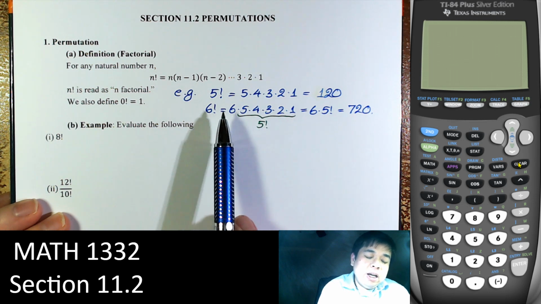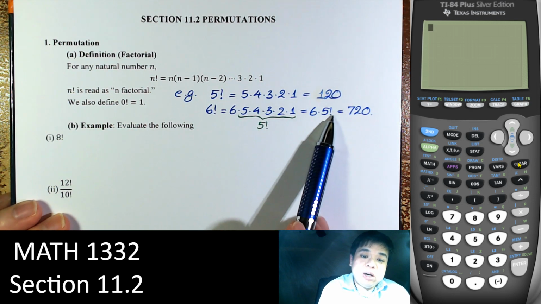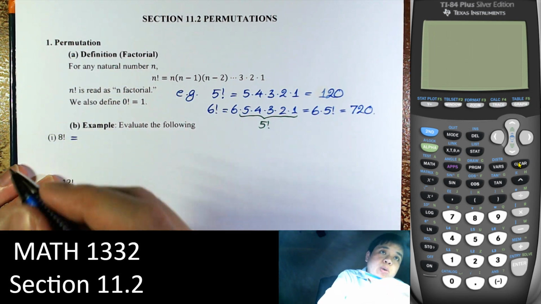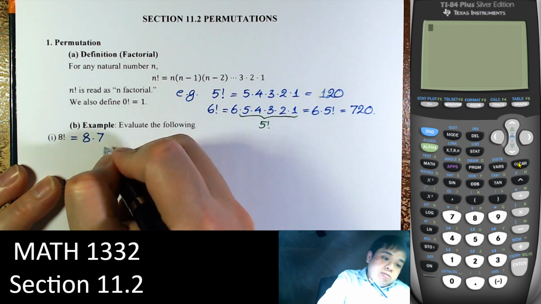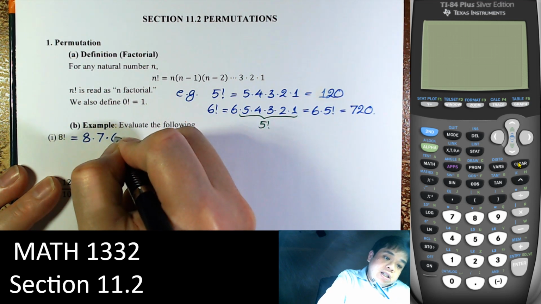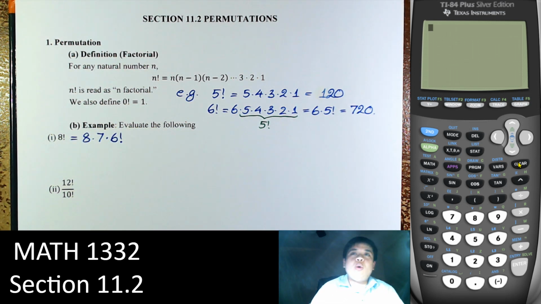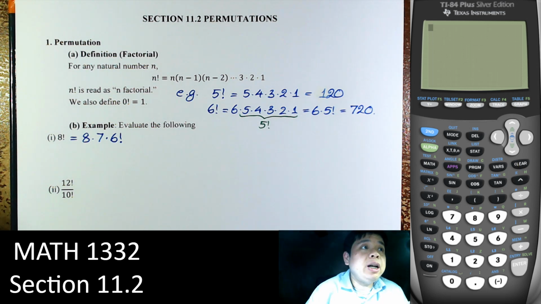Now, there's a reason that it is convenient to use the exclamation point as factorial. As you see, we go from 6 all the way back to 1. We can stop at any number and then put the exclamation point. Case in point, if I want to, I can start from 8, 7, and if I don't want to write anymore, I say 6. But we know how it goes. Just put an exclamation point there. So we just go from 8, 7, and then from 6, we know the rest: 6, 5, 4, 3, 2, 1. So in that case, we just have 8 times 7 times 6 factorial.